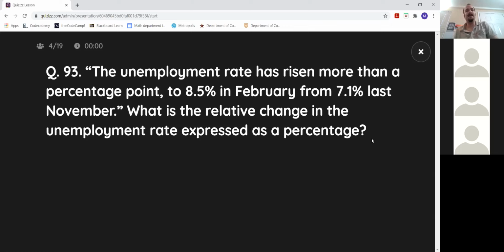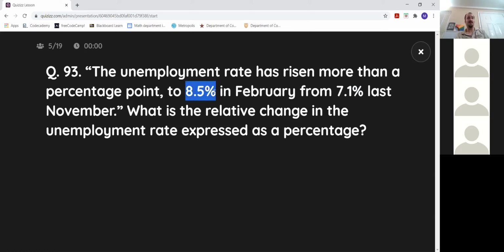All right. So find the relative change between this and this is what we're doing. And it should be positive, so that should tell you this one's going first, this one's going second.